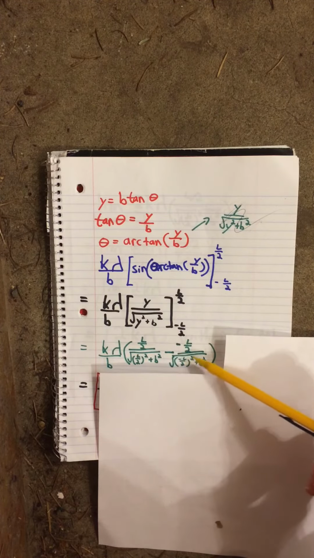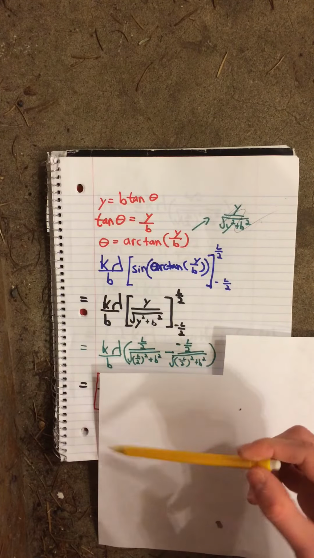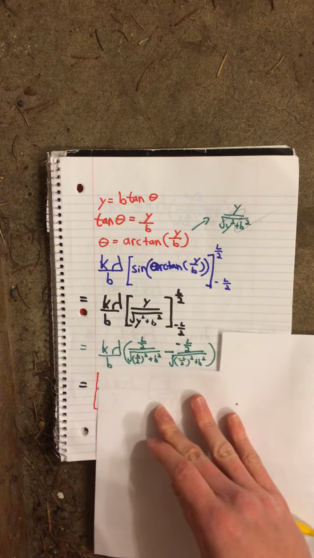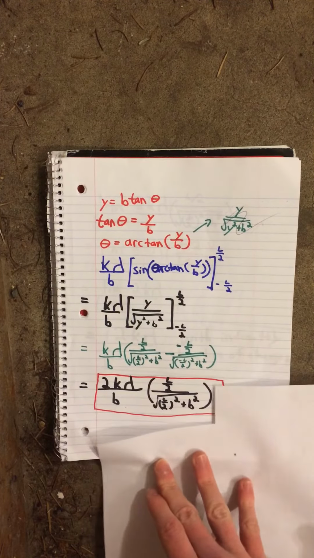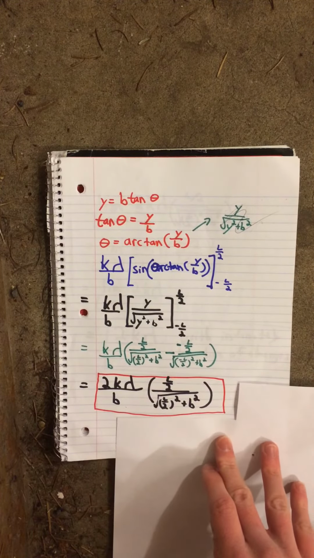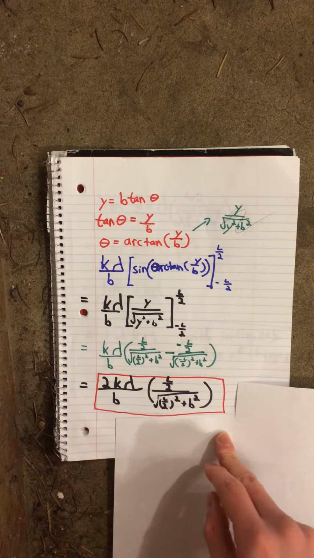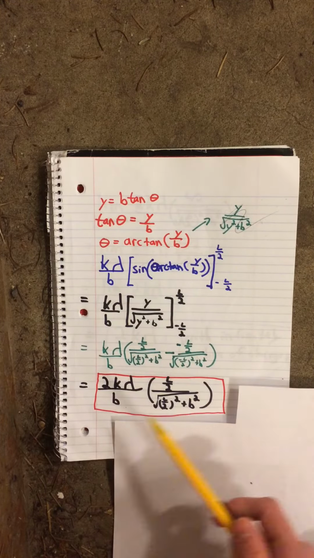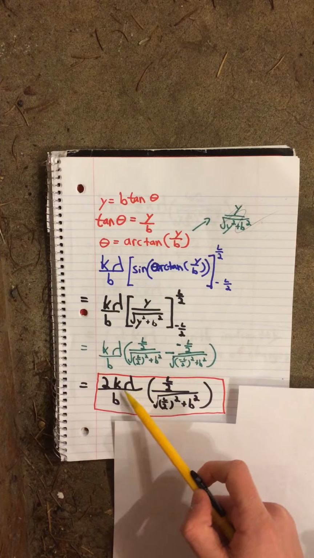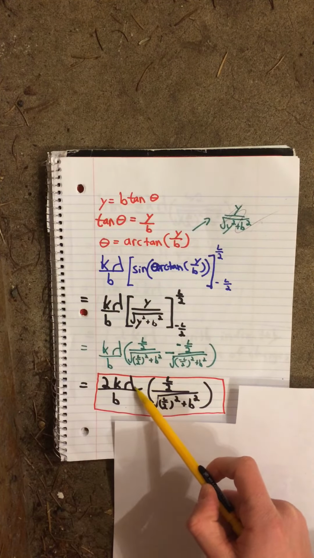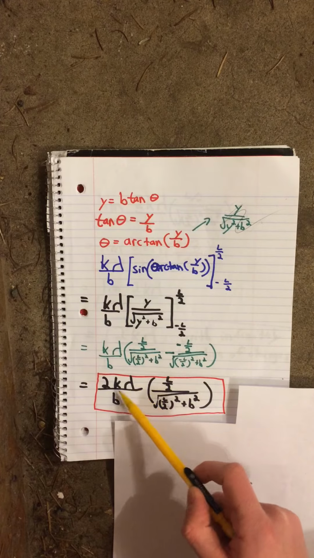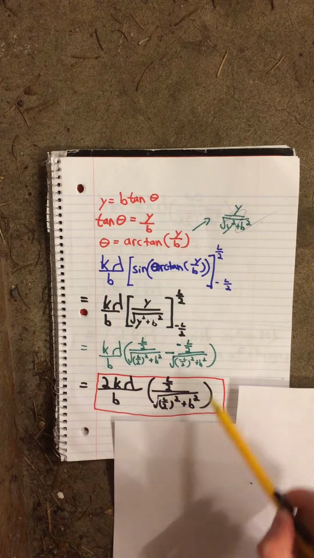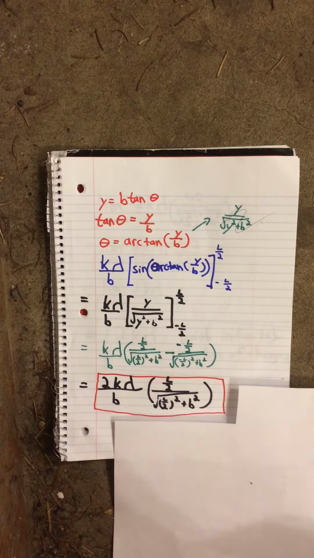Even that negative out there is killed by the square down there, and we kept the constants out there. And so our final answer, for now, is this. The electric field at a distance b from a line of charges is 2 times k times lambda, which is the linear charge density, over b, the distance away, times this quantity.